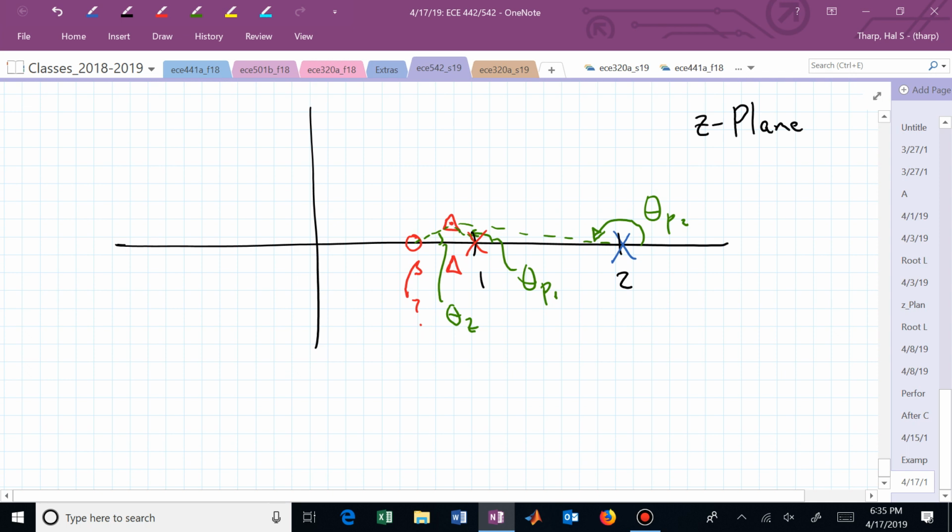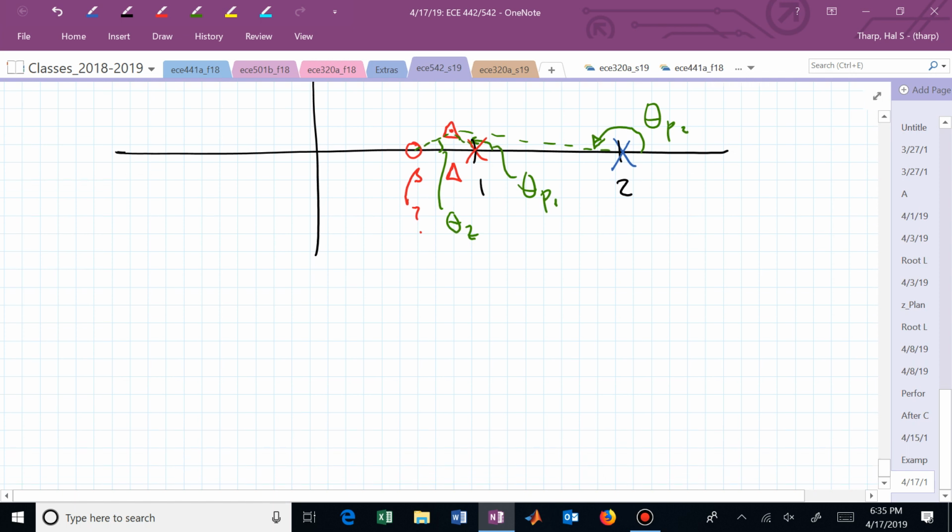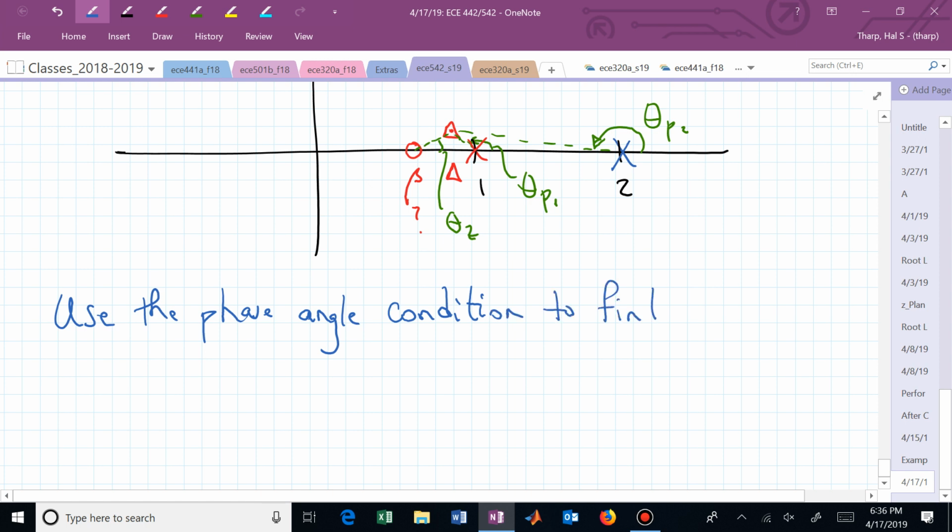That's the unknown. Can I move that beta around in such a way that the angle theta sub z minus theta P1 minus theta P2 equals minus 180 degrees? And I know theta P1 and theta P2, or I have those that I can calculate. That's what I'm trying to do. I'm going to use the phase angle condition to actually find beta.